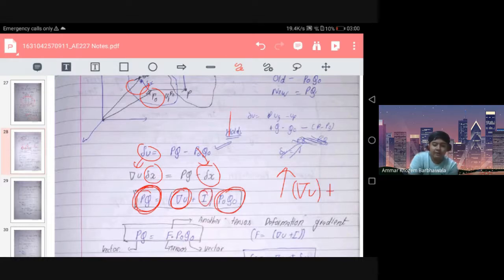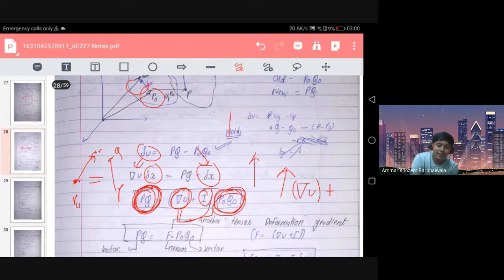And basically, if I take any two points P naught and Q naught, I have this vector. I know exactly how this PQ vector will be oriented after transformation. If P naught Q naught is oriented in some way, I know exactly how PQ and P naught Q naught are related in terms of this displacement gradient field.